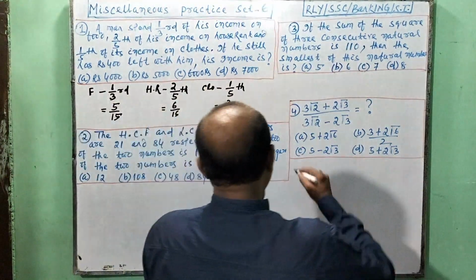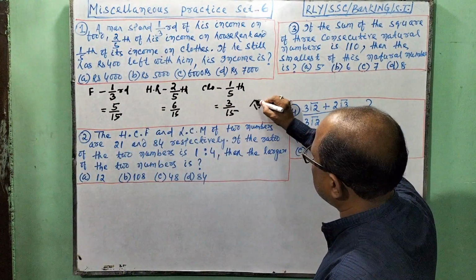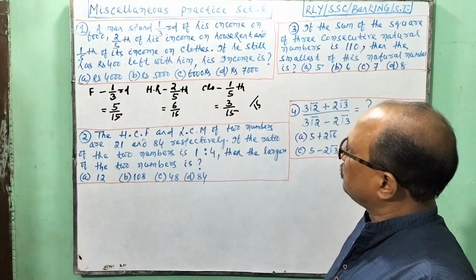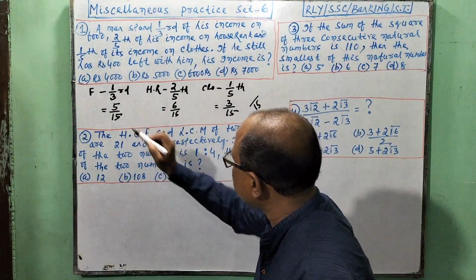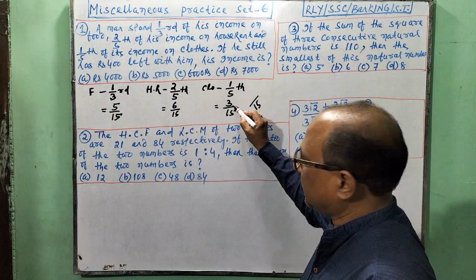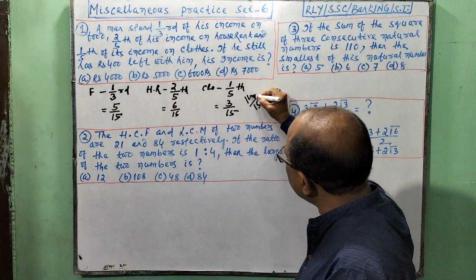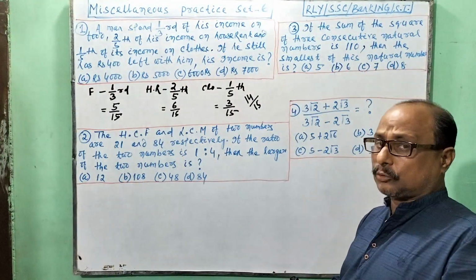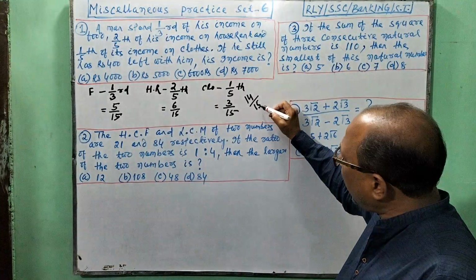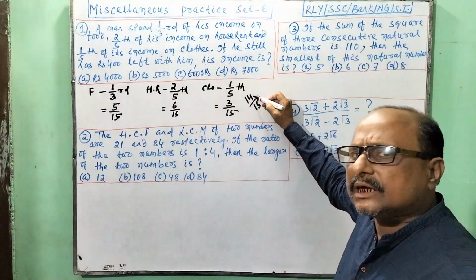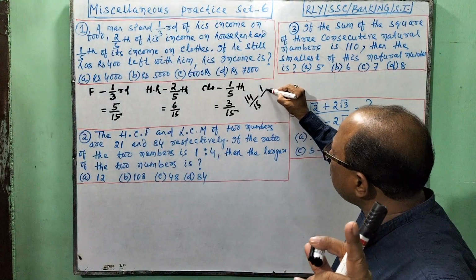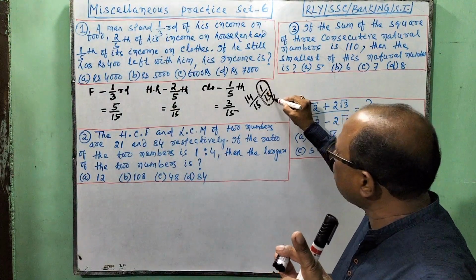So out of 15 parts he has spent 5, 6, 11, 3, 14. So 14/15 parts he already spent. So what is the rest? Out of 15 parts, 14 parts he spent, so 1 part is left.